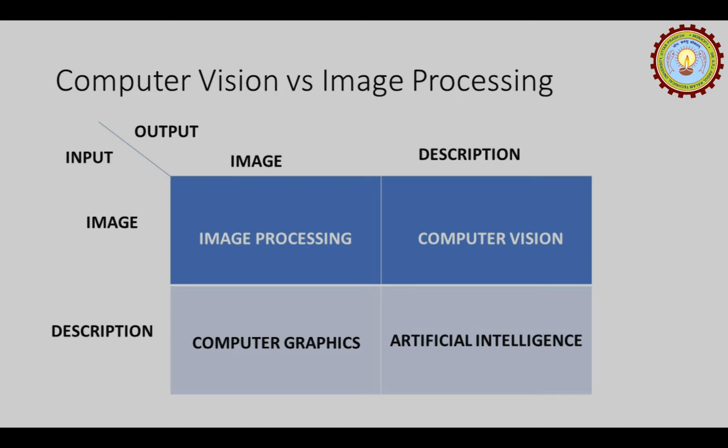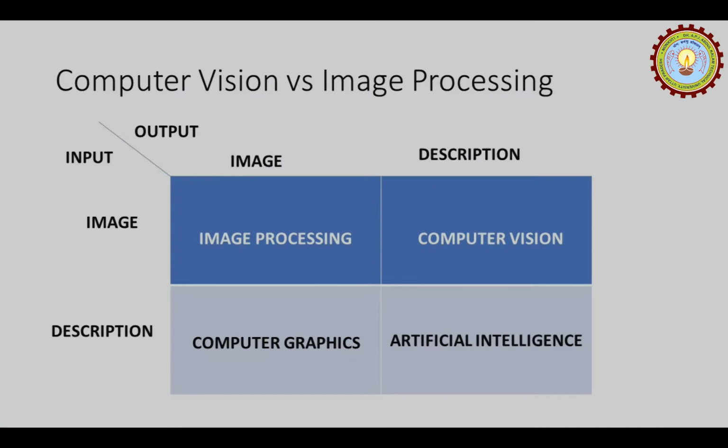Now, if the input is an image and you want to design a system which can tell you what kinds of objects are there in your image, then you're actually giving some kind of description after reading an image, right?